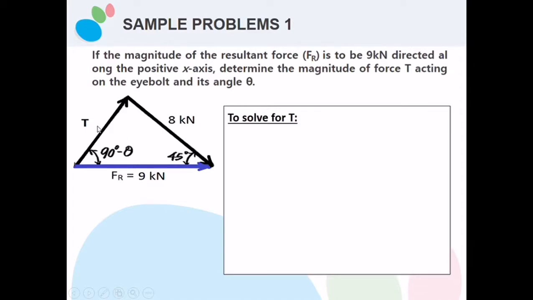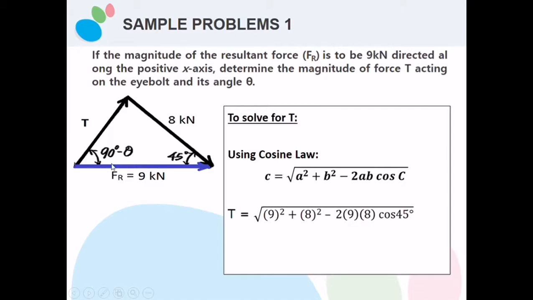Okay, so using cosine law, which is c is equal to the square root of a squared plus b squared minus 2ab cosine c, or the cosine of the opposite angle of side c. So based here in our figure, we are solving the force t, and its opposite angle is 45 degrees.